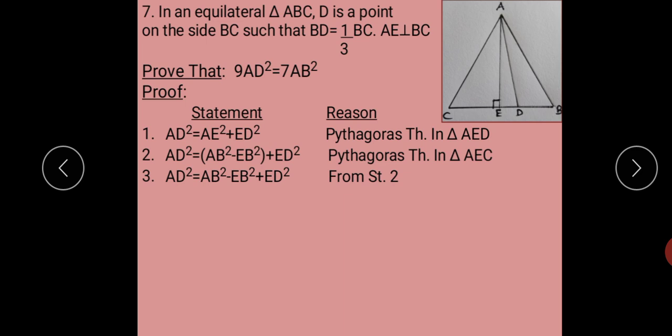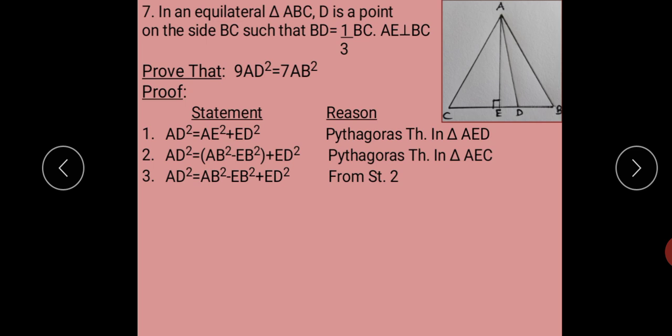And once we express that in terms of BC, BC and AB are equal, so we can write AB. Now EB is very simple. It is half of BC. But ED is a little difficult.